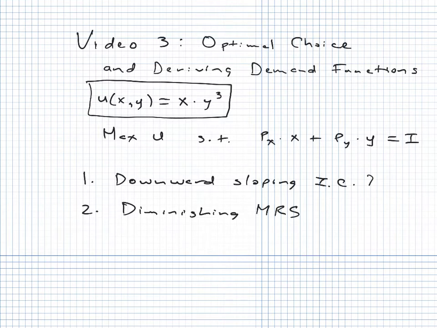Taken together, these basically mean that we have what economists will sometimes refer to as quote-unquote well-behaved preferences.